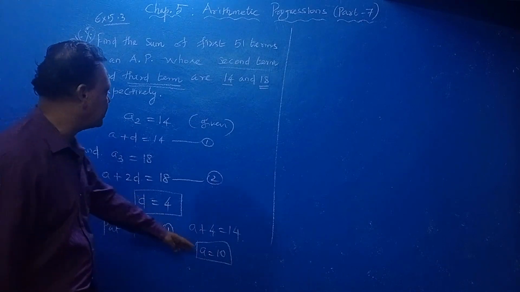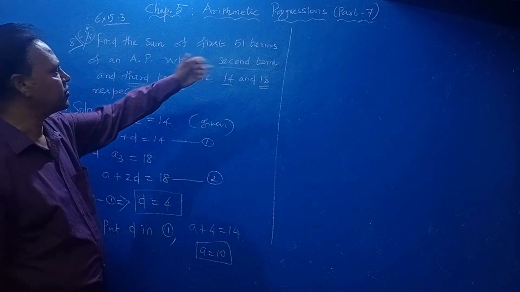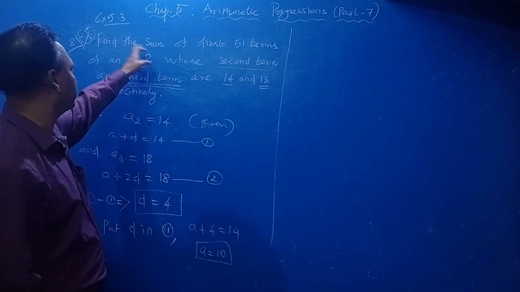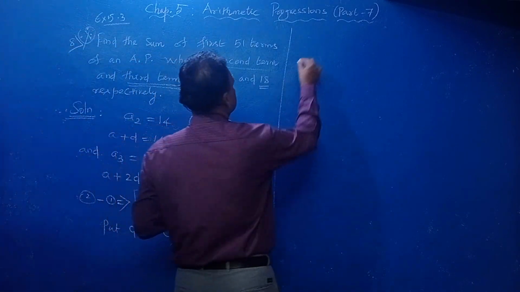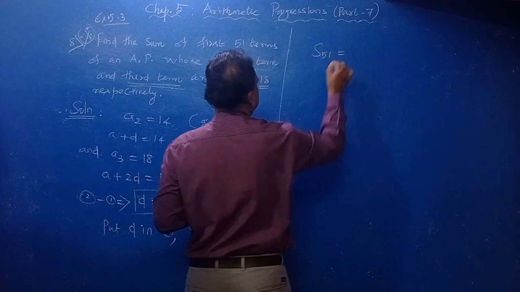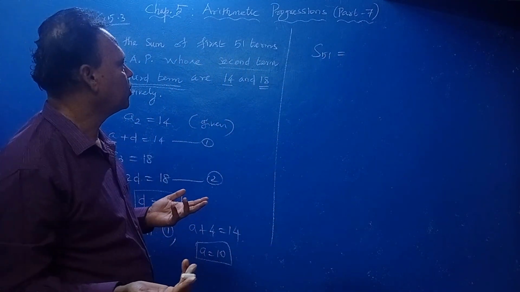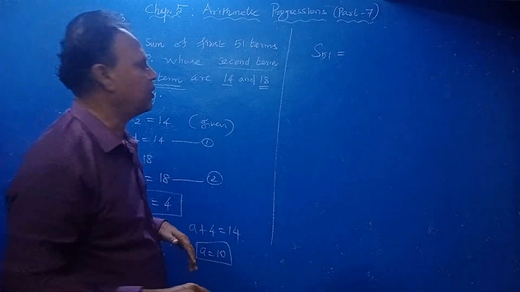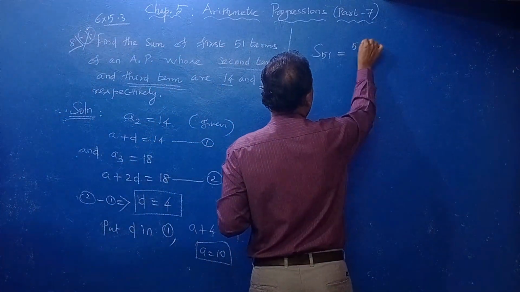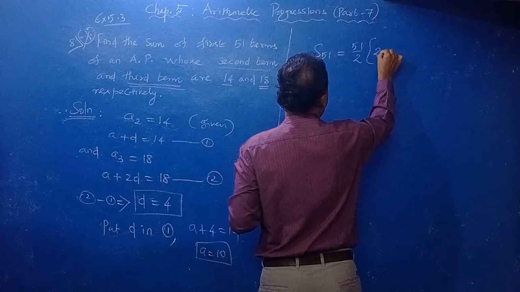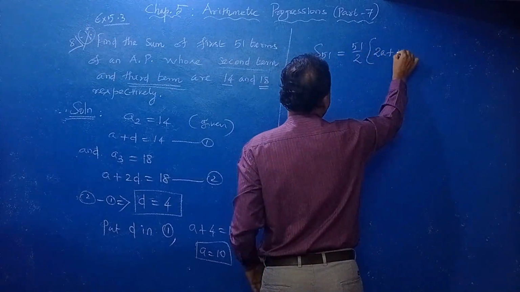Now if you know A and D, then N is 51. That means S51 you can find out. Write S51. Here you don't know the last term. That's why what you have to do? Apply that first formula. 51 by 2 into 2A plus 51 minus 1, that is 50D.